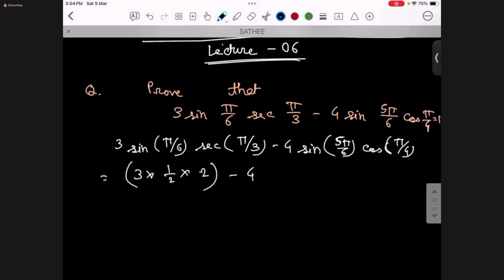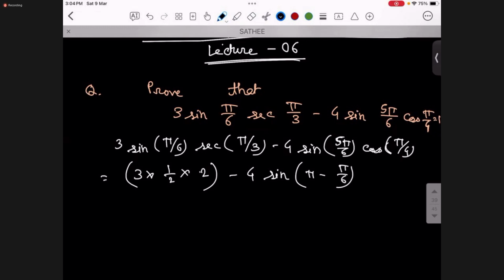Minus 4. Now what about 5π/6? It can be written as π minus π/6.